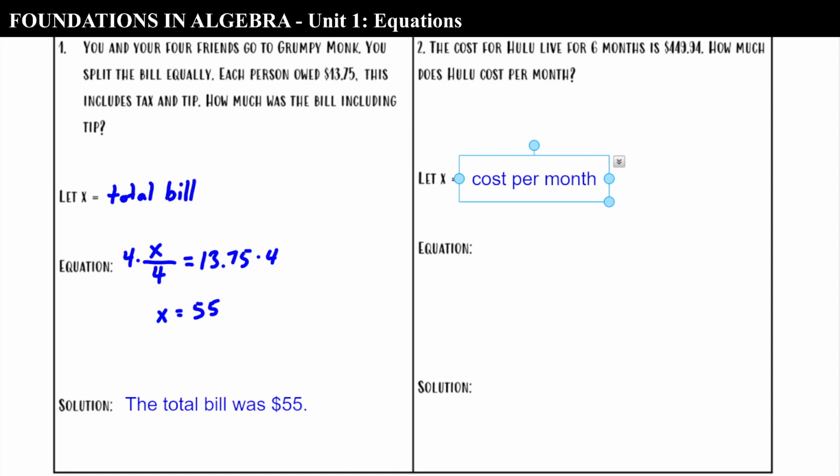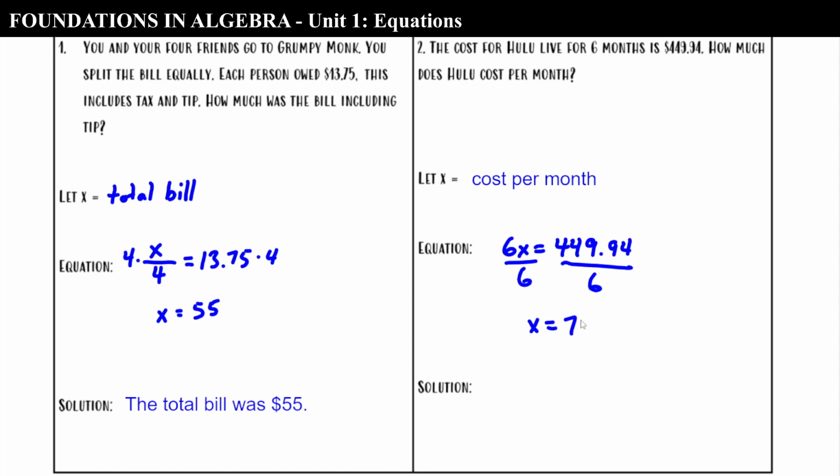So now we're going to set up an equation. Well, we know if we multiply the cost per month by the 6 months that we have it, it's going to give us a total of $449.94. We'll leave the units off for now. So if we divide each side by 6, that's going to give us our value, which is $74.99.